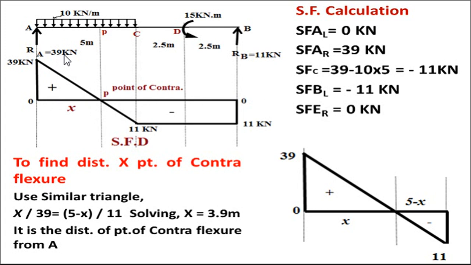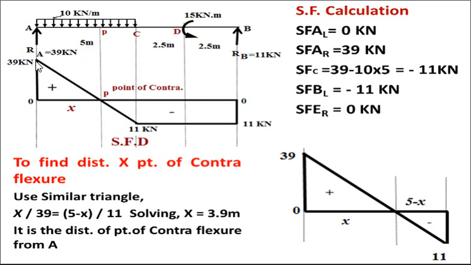Take a calculator. In that calculator, you first of all put zero value. Okay, plus 0. Okay, 0, upward 39 means plus 39. Then from A to C, there is a deduction of 10 into 5, that is 50 kilonewton load.